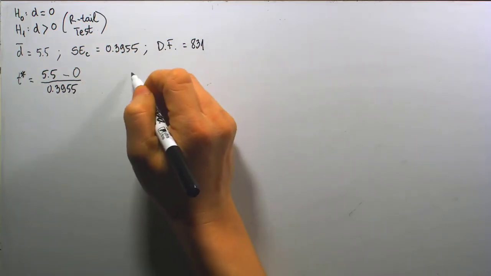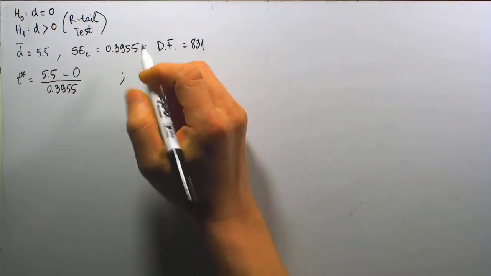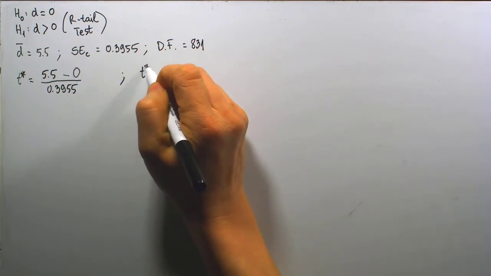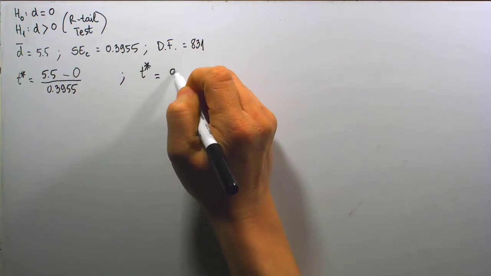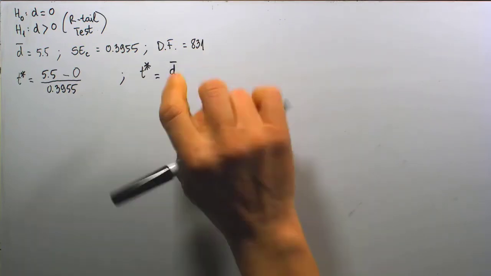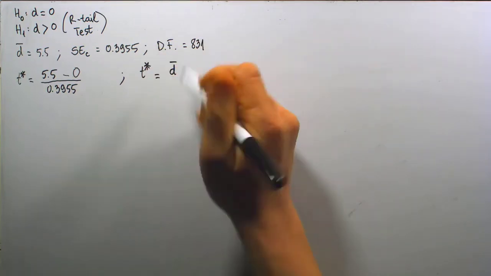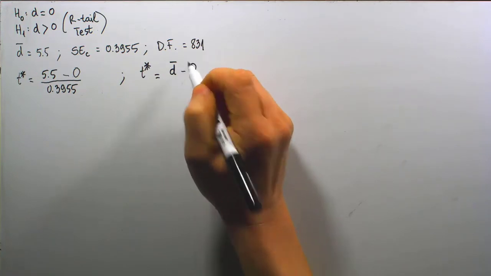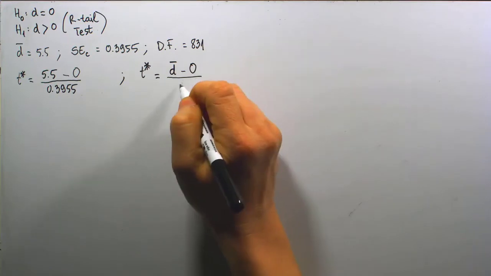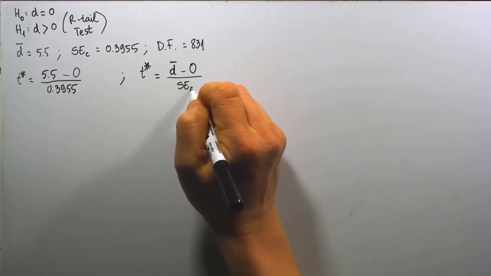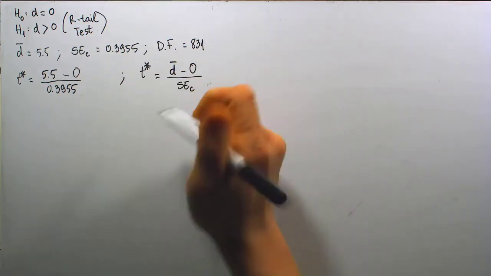And again, as a reminder, calculating T star value is always done by taking the difference between our sample value, the D bar here, and 0, the value stated in the null hypothesis, and dividing that difference by the SEC that we calculated previously.